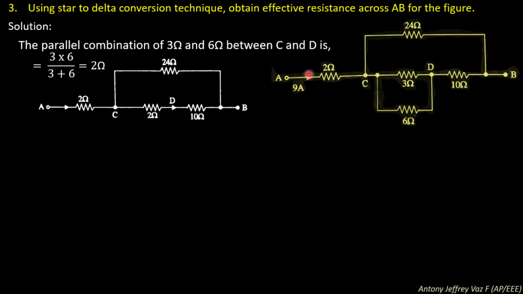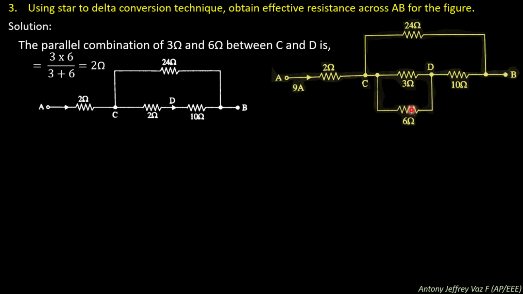So the parallel resistances are being converted, and the value is 2 ohm. So you need to redraw the circuit. Here the same thing, the 2 ohm is present.